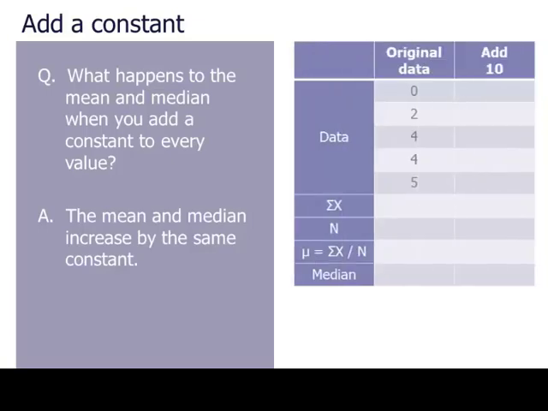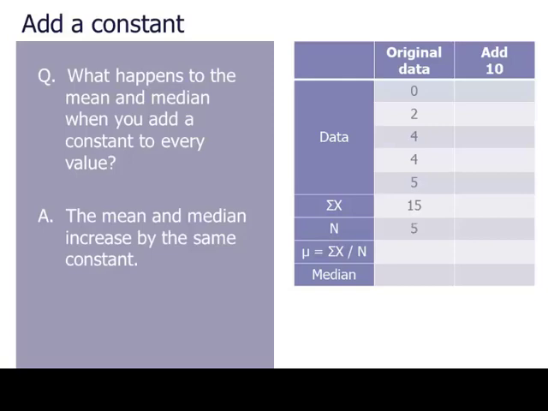In this example, the original dataset consists of 5 values: 0, 2, 4, 4, and 5. To compute the mean, we need to compute sigma x, the sum of all values in the dataset. Sigma x is 0 plus 2 plus 4 plus 4 plus 5, which equals 15. We also need to know the number of observations in the dataset, which, in this case, is 5.